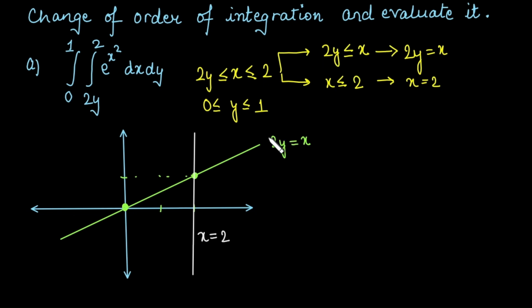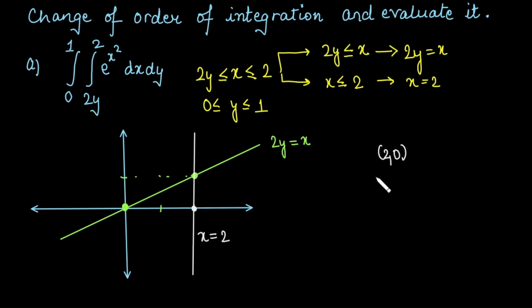According to this inequality, whether the region is towards the right side or left side, means below this one or above this one. For that we will always take a point to make it clear. Take x is equal to 2 and y is equal to 0, this point.